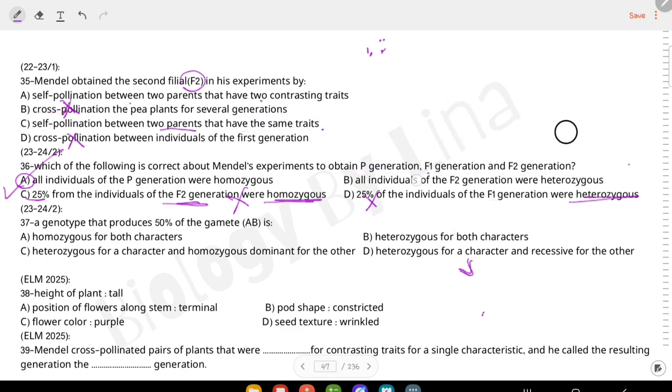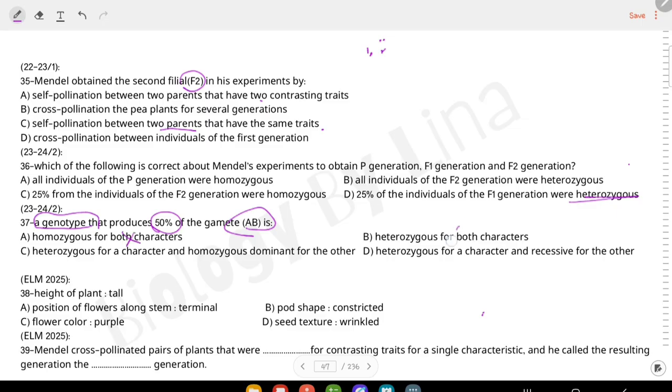Now, if we go to the other question that we have, 37, a genotype that produces 50% A capital B capital. We said if you have homo, it will produce a ratio of 100%. So if we have homo for both characters, this is incorrect.